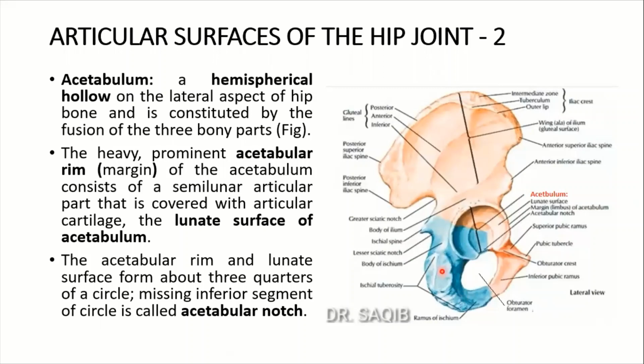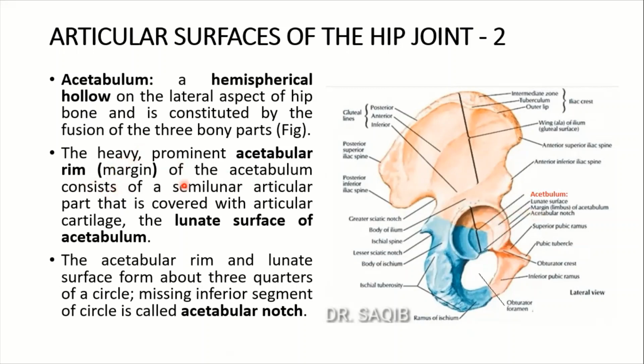These three bony parts each contribute some part of the acetabulum, right? Here, this is the heavy prominent acetabular rim, right? This is the acetabular rim or acetabular margin. I will enlarge this picture very soon.